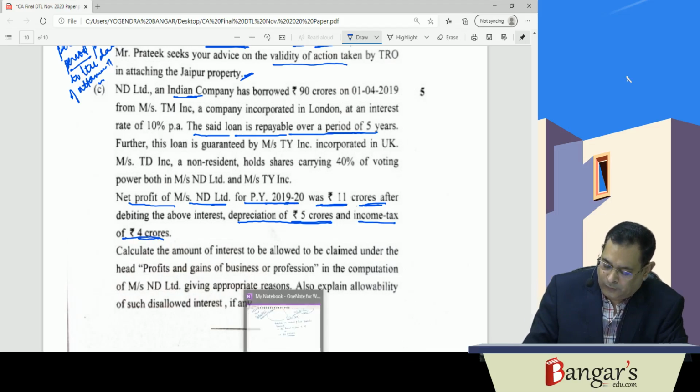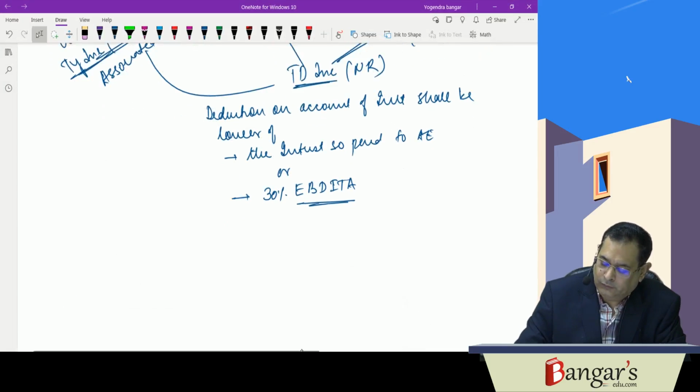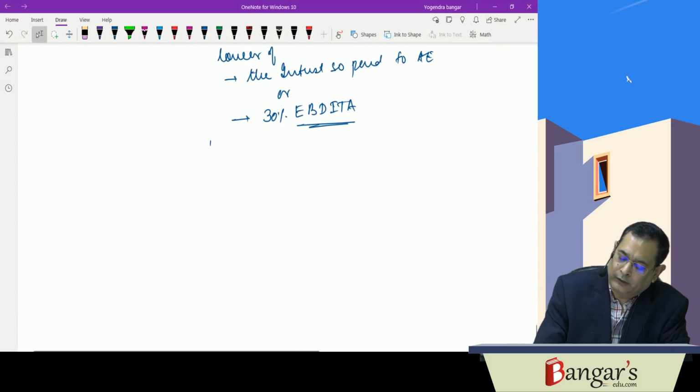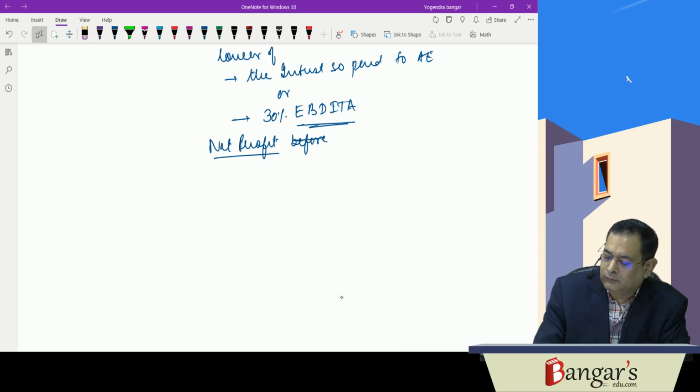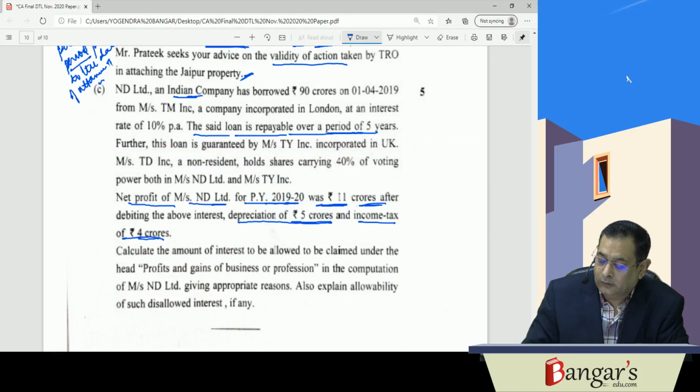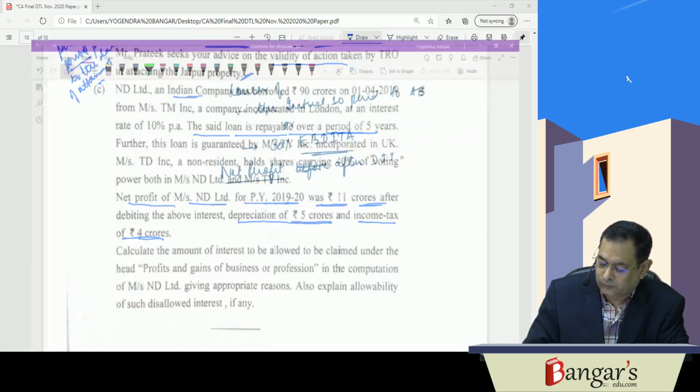So first of all, we will calculate earnings before depreciation, interest, tax and amortization. The net profit after depreciation, interest, tax is 11 crores.